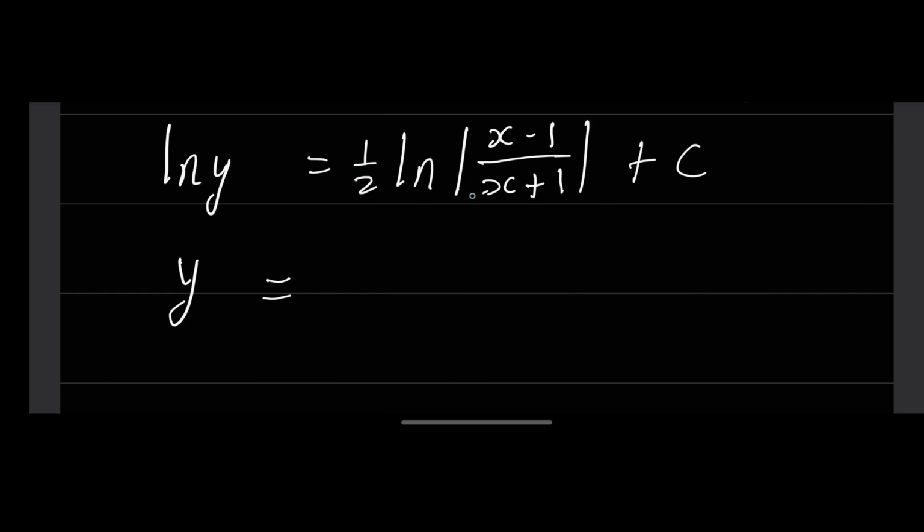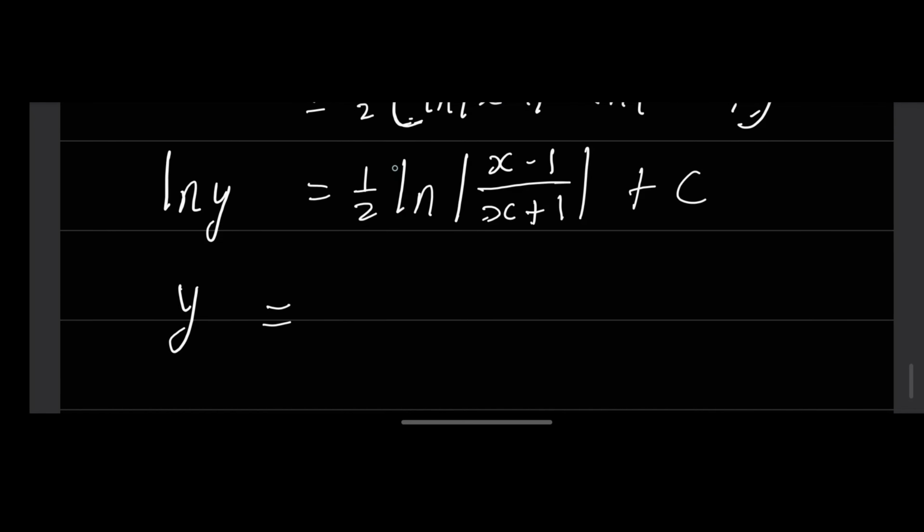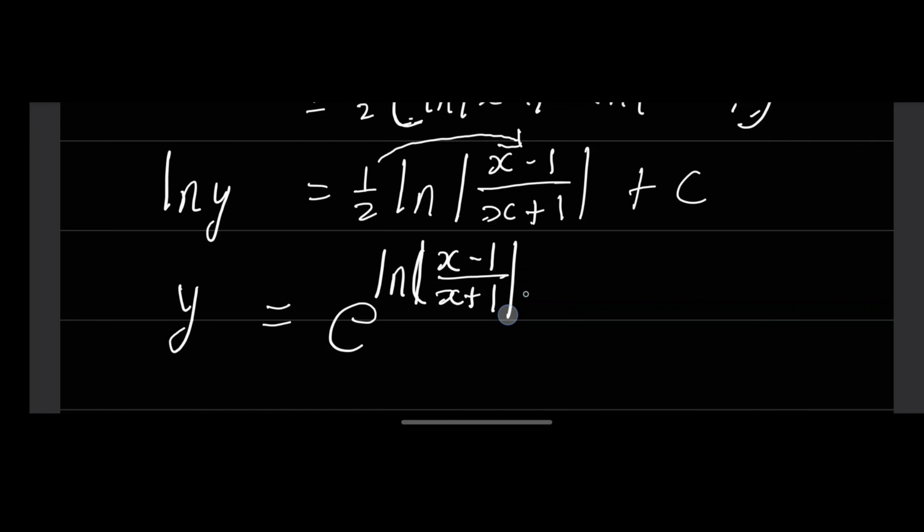But I don't want to rewrite all of that without simplification. We know from the laws of logarithms that the coefficient becomes an exponent. So we would have e raised to the power, the argument of the log raised to the power half.